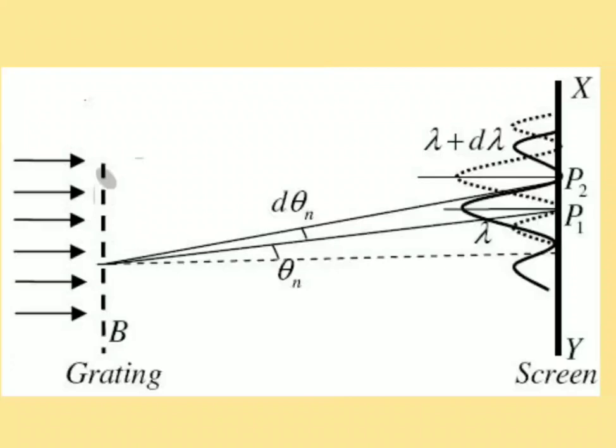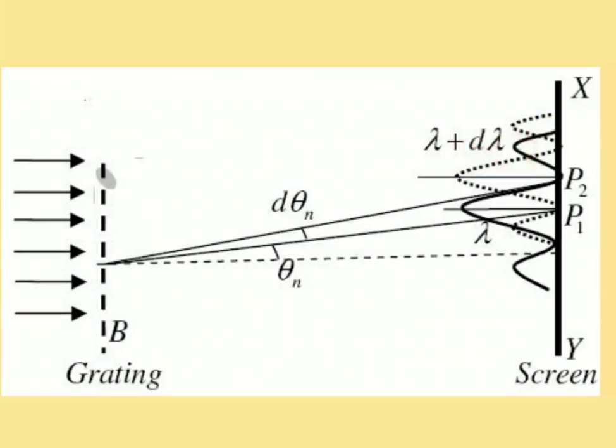And next, when you observe, here we have to take two spectral lines. The spectral line one is lambda. It is represented with a dark line. There is another spectral line, the nearest to lambda.